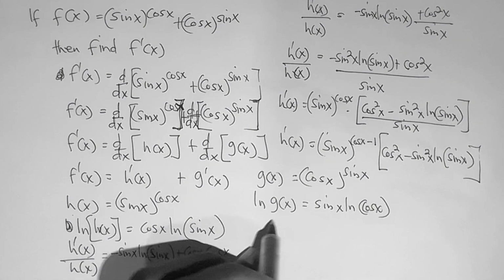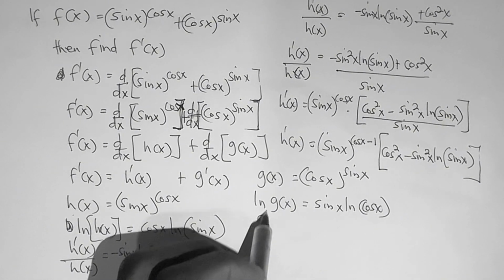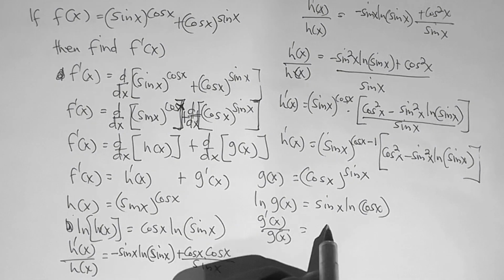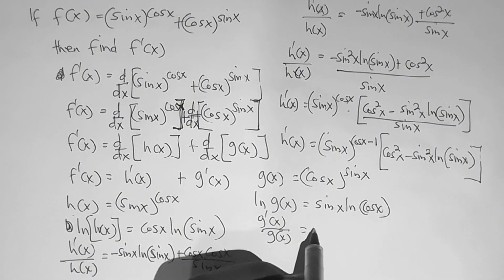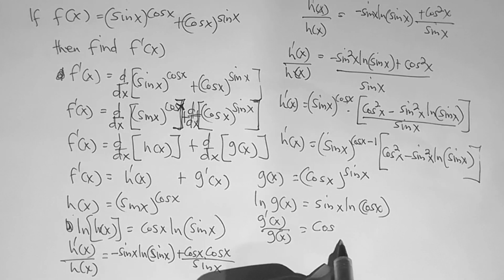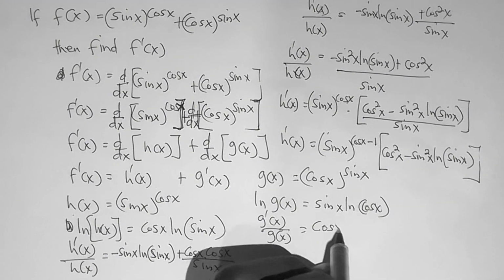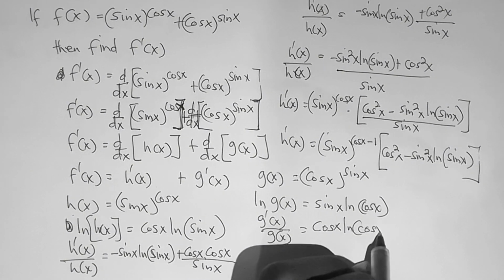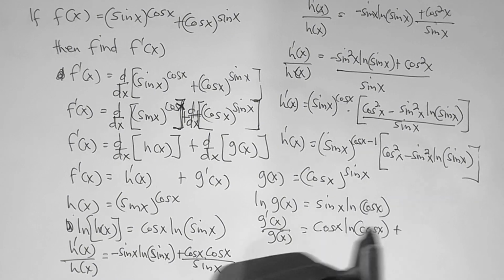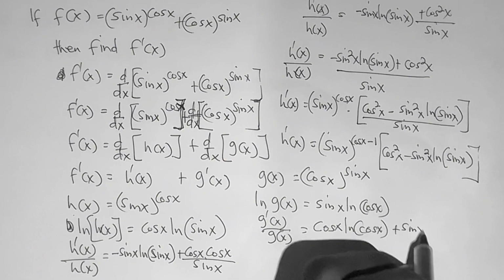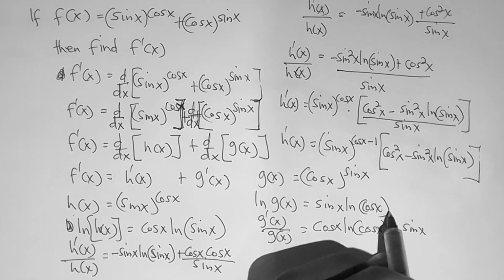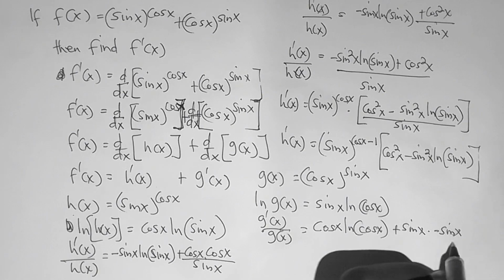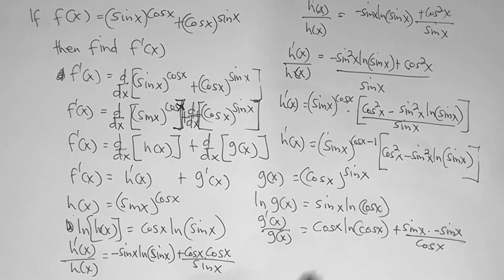So now, in differentiating this, g prime of x over g of x is equal to, maintain, differentiate sine x, which is cos x, then you bring ln cos x, then you add it to maintain sine x, differentiate ln cos x. If you differentiate cos x, it is minus sine x divided by cos x.